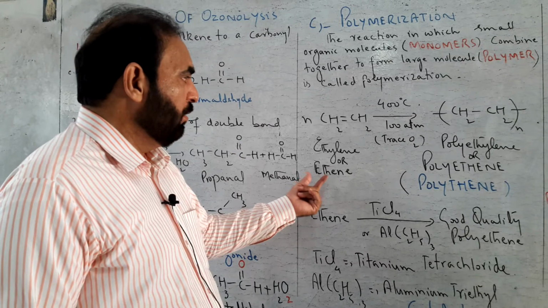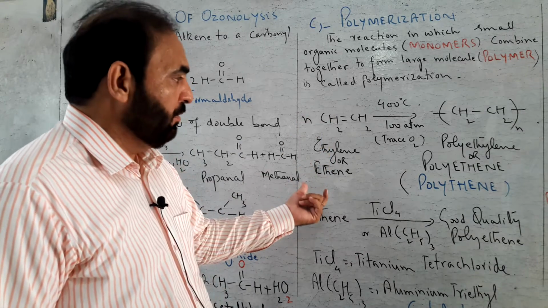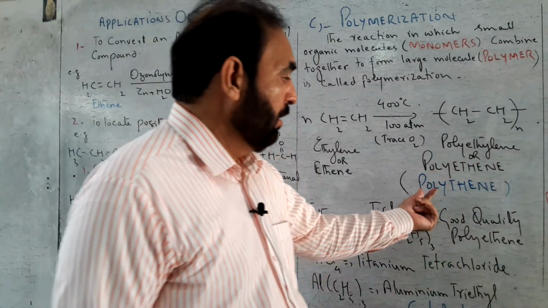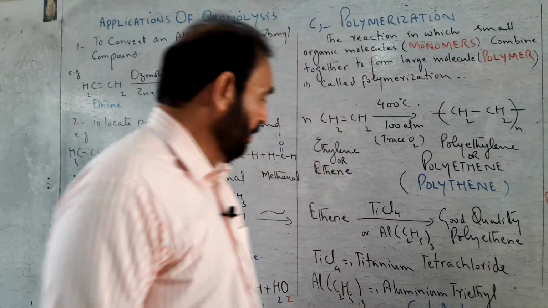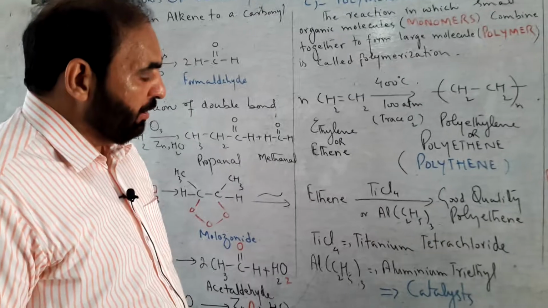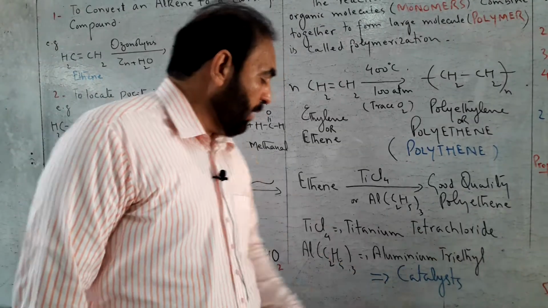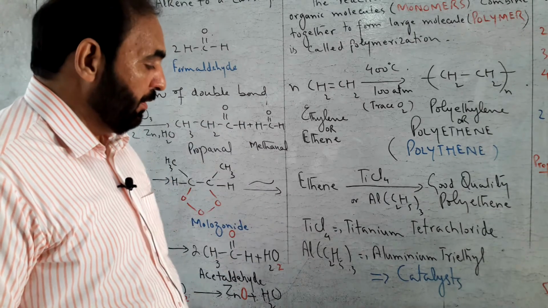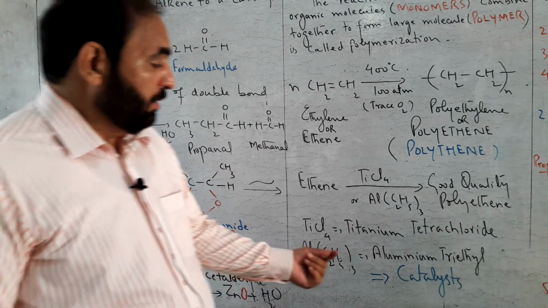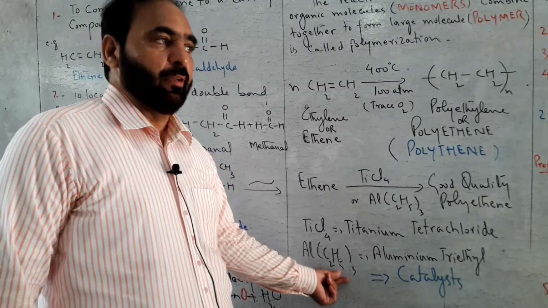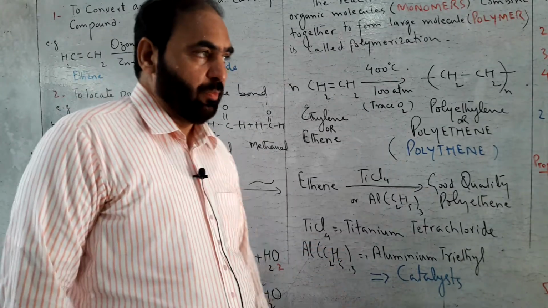And if we use IUPAC name ethene, then it is polyethene or simply polythene. If we use a catalyst, either titanium tetrachloride TiCl4 or aluminium triethyl, Al(C2H5)3, ethyl group, whole thrice.